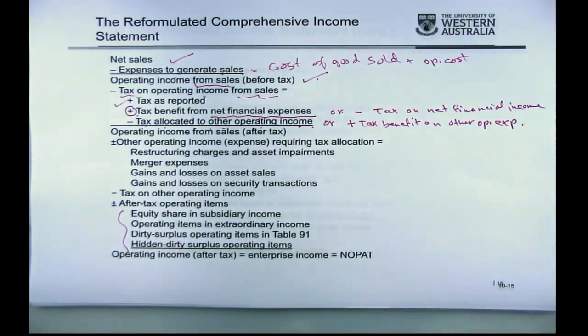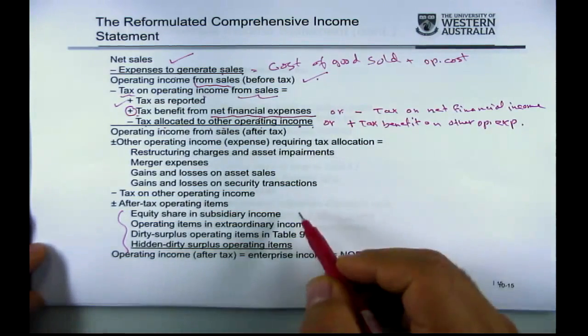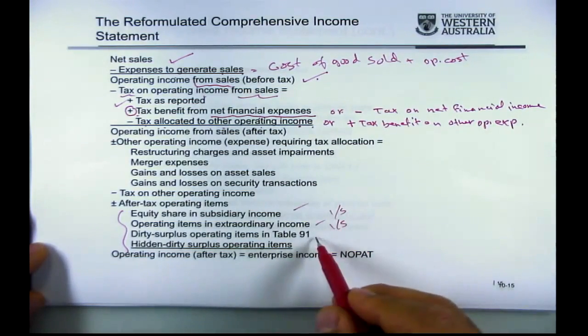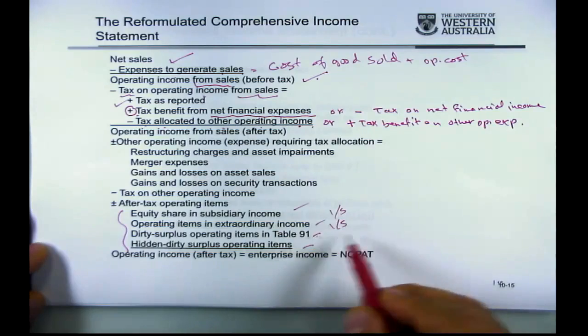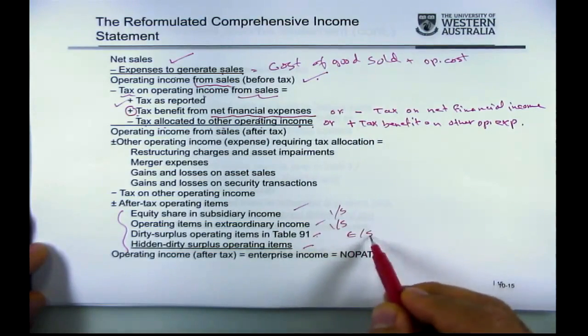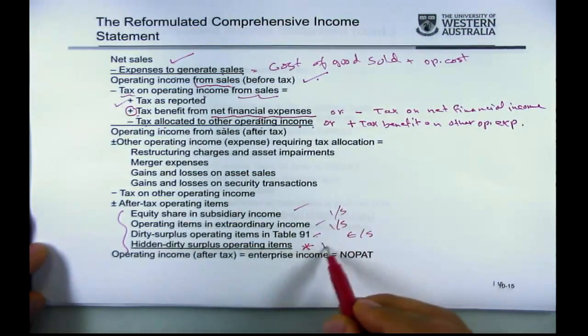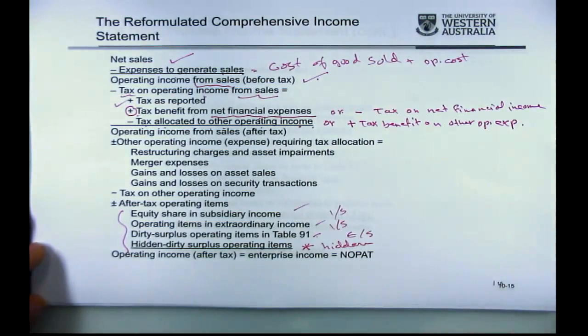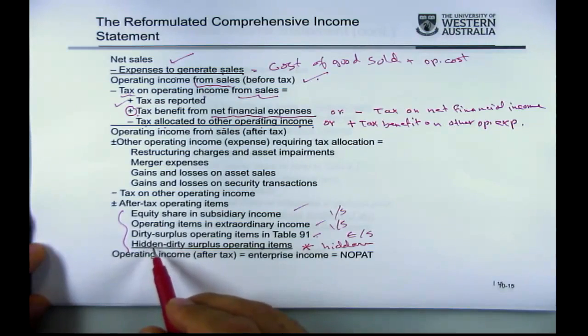These ones are usually on after-tax basis. We do not need to worry about the tax allocation. As we can see, these two are usually reported under the income statement, but this one is in the equity statement, and this one is hidden, and we need to find it out if it is there. We dealt with an example about this one last week.